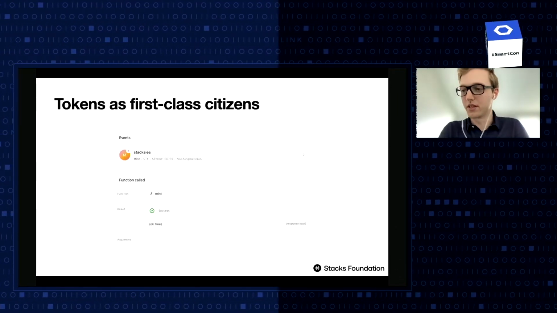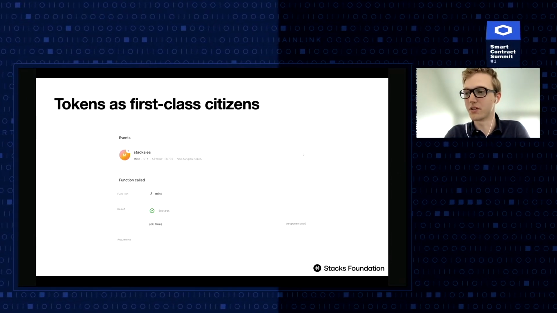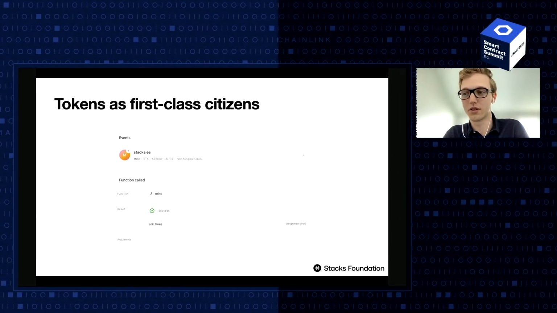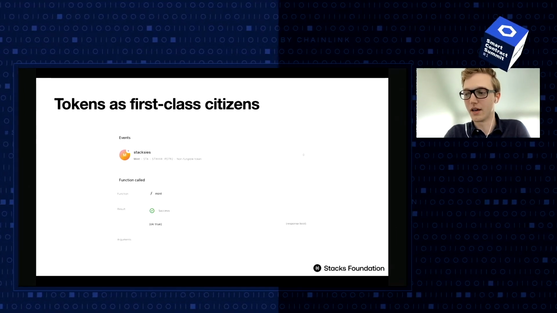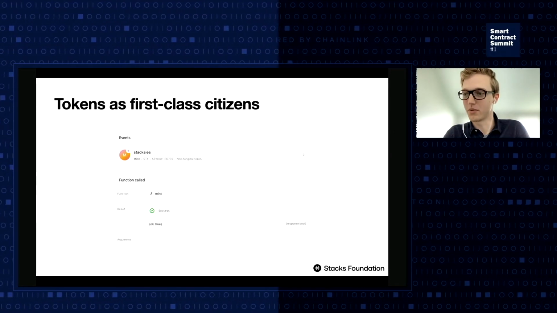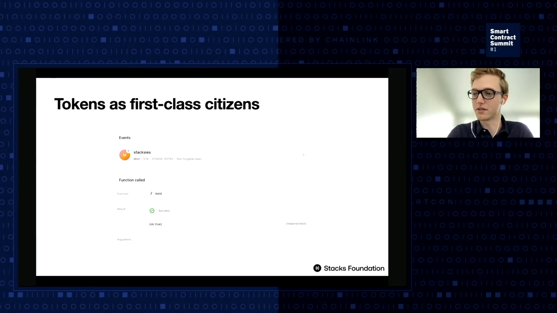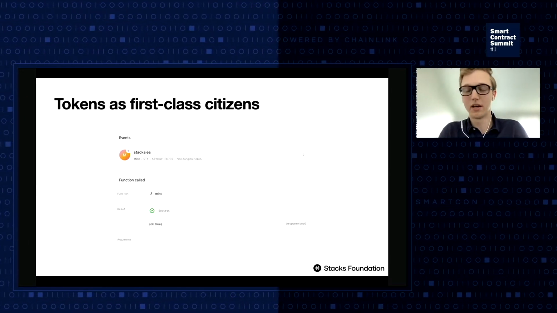Since these token functions are built in, it means that on Stacks, tokens are first-class citizens. So if you mint an NFT or you mint fungible tokens, these emit their own custom events, which are detected by the Explorer, as you can see here. This is a screenshot of minting one of these Staxies NFTs.